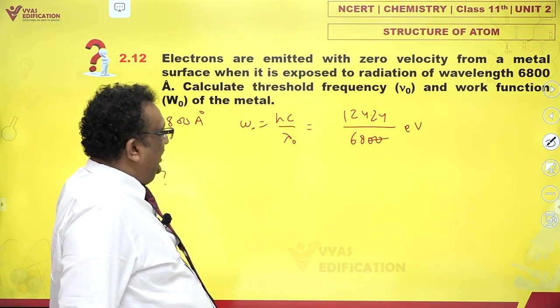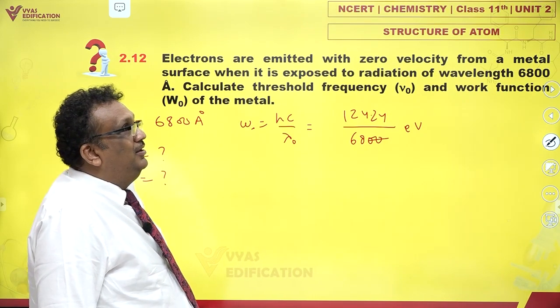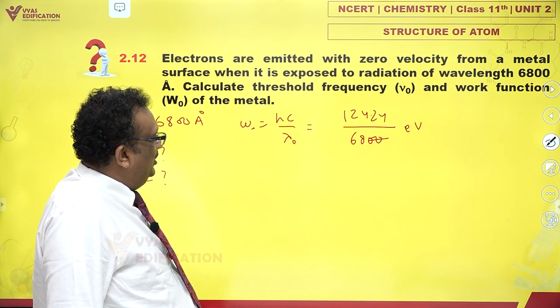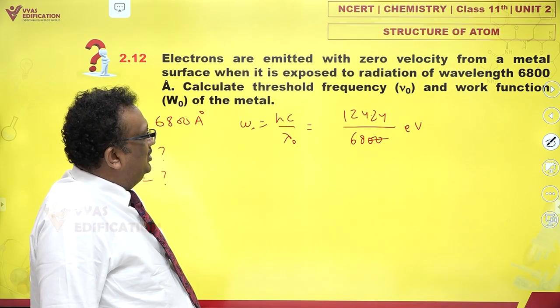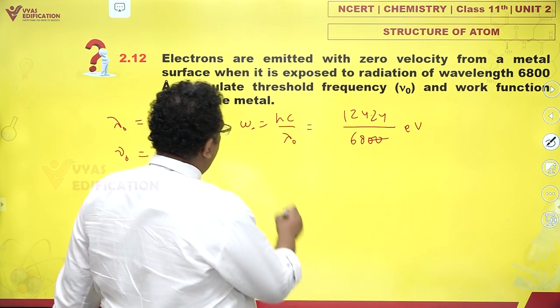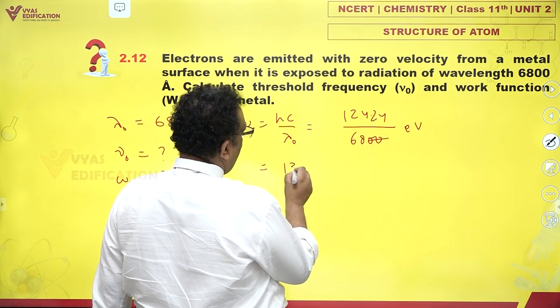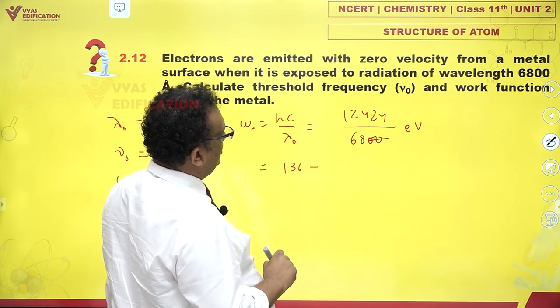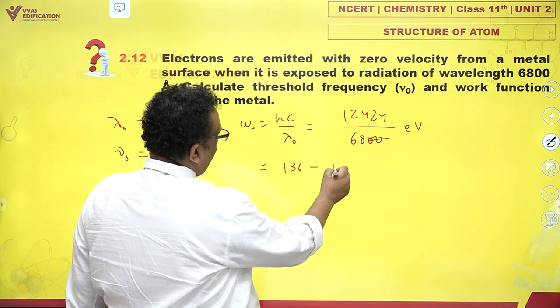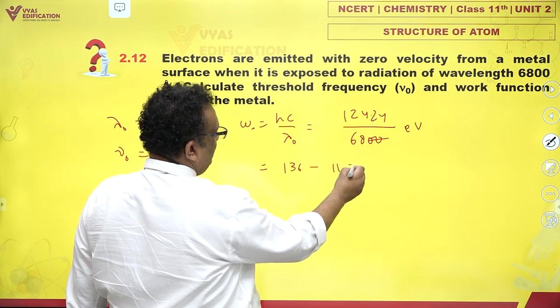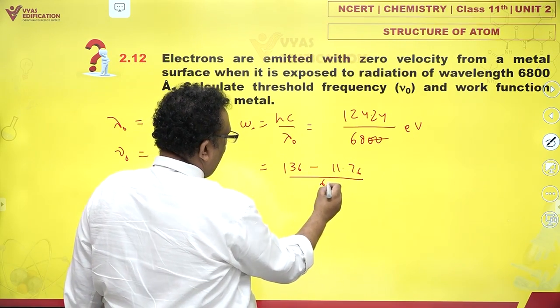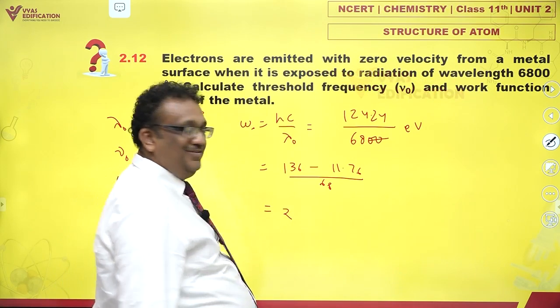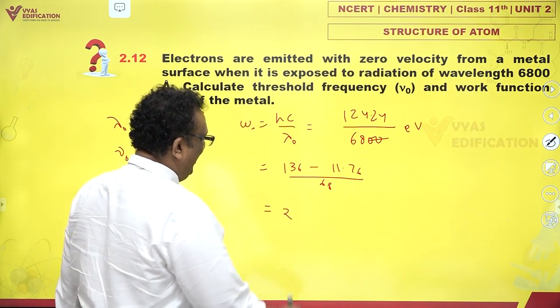Now, 68 2s, that would be 134, 136, 136, okay, minus how much? 12, 11.76. This is 2. I'm just trying to be clean in calculation.